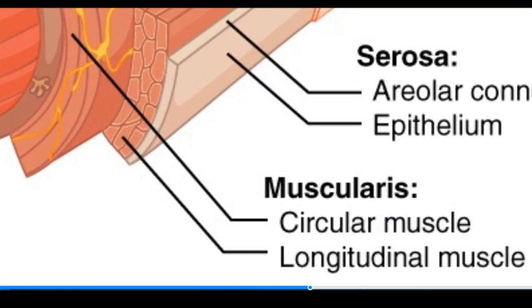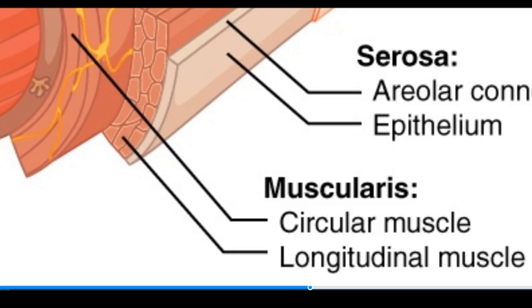The next layer is the muscularis, which is a thick layer of smooth muscle, actually two layers of smooth muscle, called the circular muscle, going around the circumference of the tube, and the longitudinal muscle, running the length of the tube. This should not be confused with the muscularis mucosae, which is a different layer. This is just the muscularis.